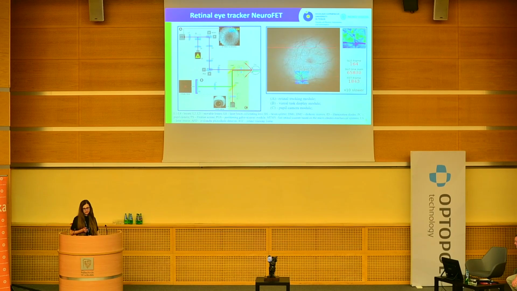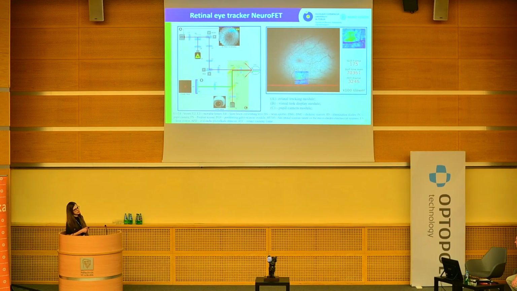The MEMS scanners allow us to obtain a retinal image at very high frequency, but in a relatively small area. So we have the second type of scanner, the galvo scanner, which allows us to move this small image across the whole retina. And as you can see, the scanning frequency is much higher than in a typical SLO device.